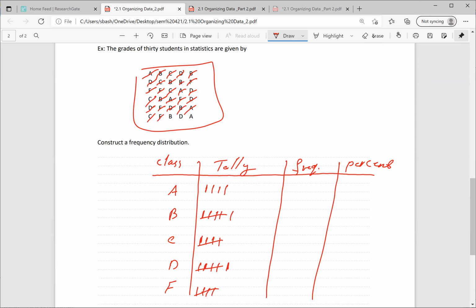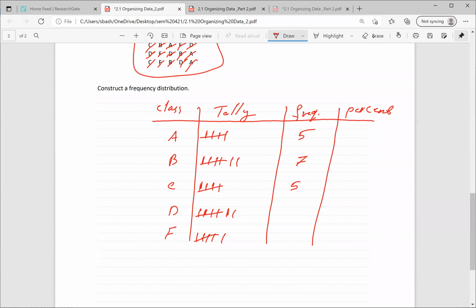Then F, B, D, and A, one set. So the frequency for A will be 5. For B, I have 1 set plus 2, which is 7. C is equal to 5. D, 7, and F, 6.